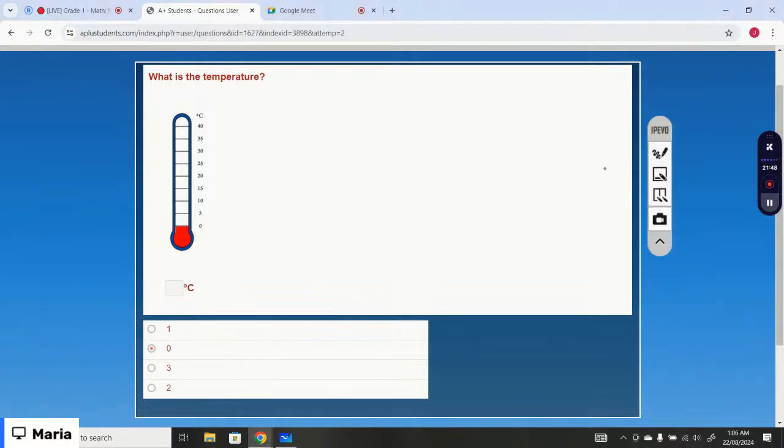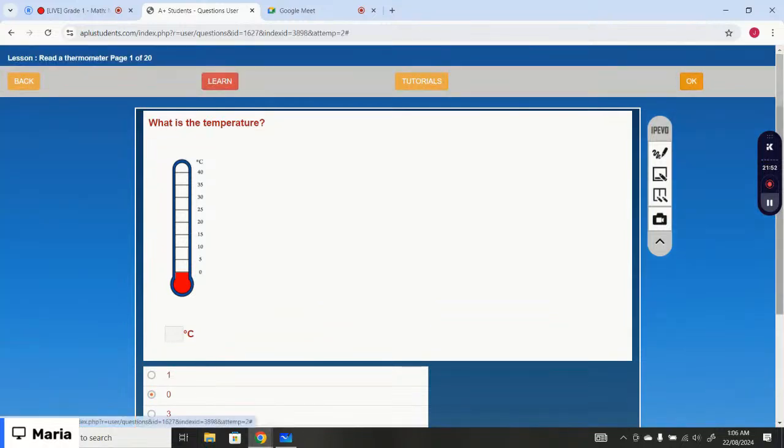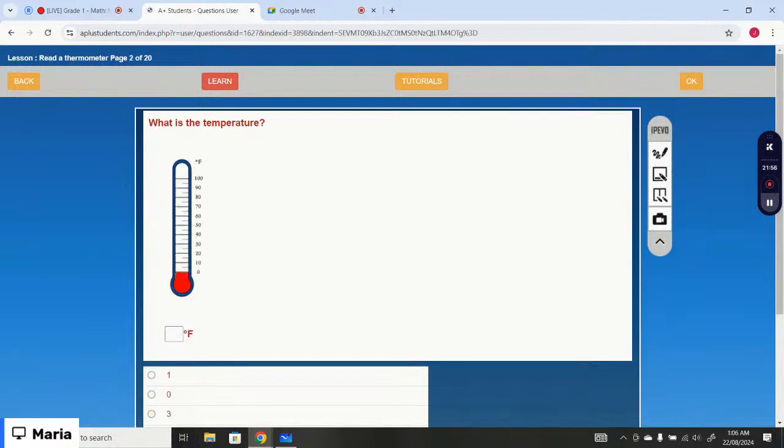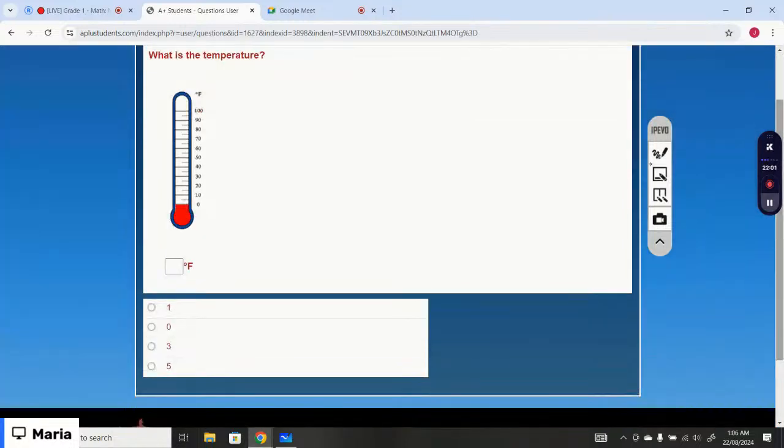The correct option is 0 degrees Celsius. Okay. What is the temperature? So again, you have to see the temperature. You need to see the line where the color is changing from red to white.